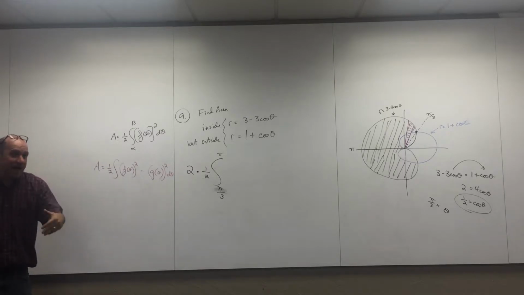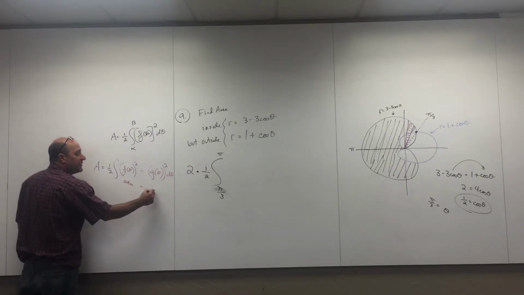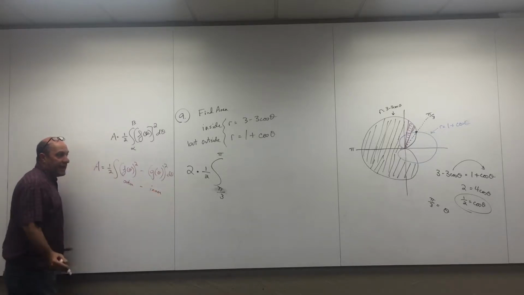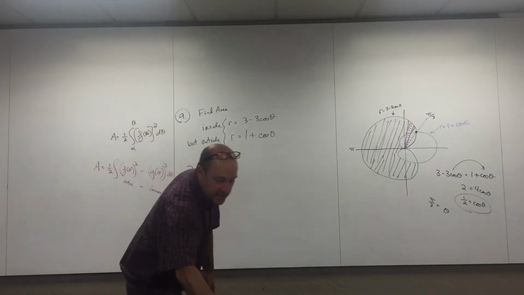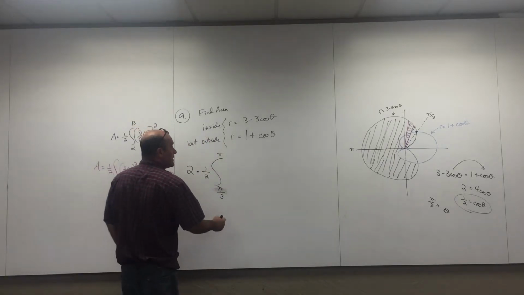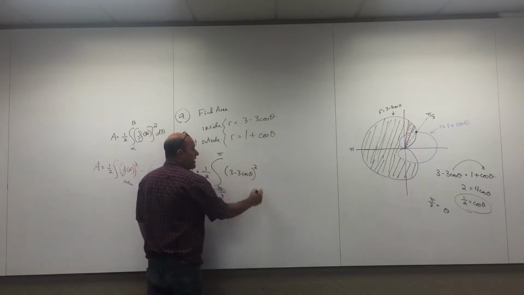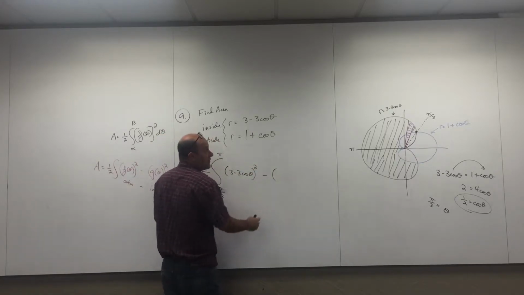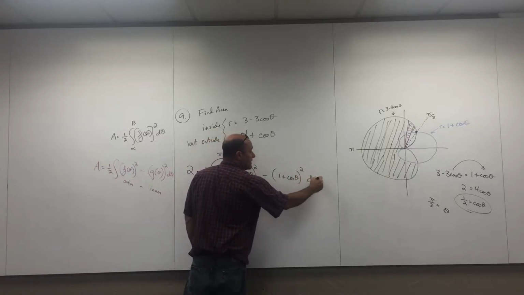But this ain't top and bottom. This is outer minus inner. Outer minus inner. So I'm ready to set this baby up. I think I see the outer curve is the 3 minus 3 cos theta. I want to square him minus the inner curve, 1 plus cos theta squared, d theta.